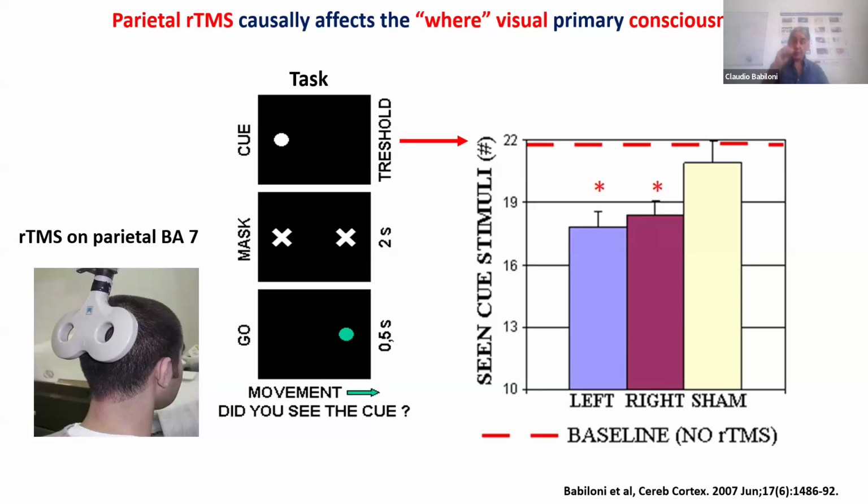And that the perturbation of the parietal cortex, the posterior parietal cortex, can reduce our ability to have a conscious recognition of the visual stimuli for the spatial features.